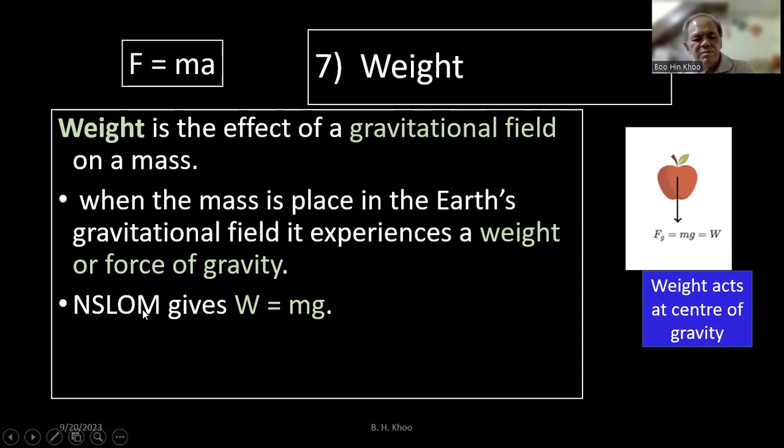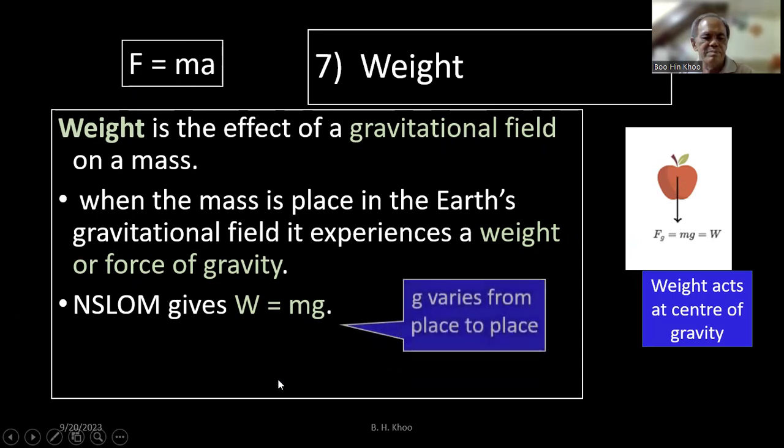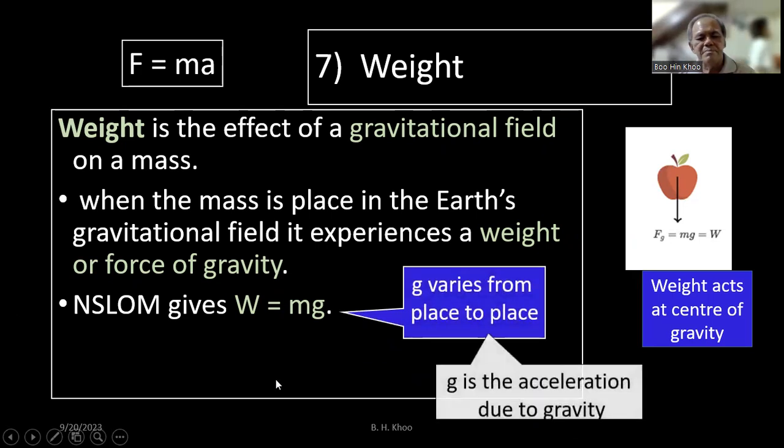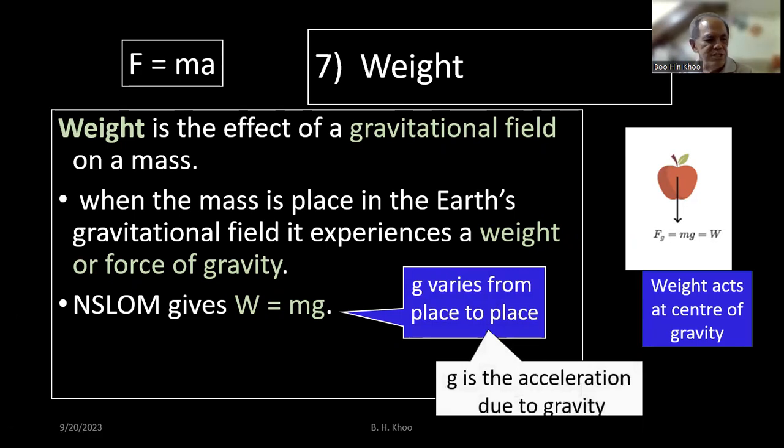Newton's second law of motion gives us, from this formula, a is your g. The resultant force in this case is the weight, W. And g varies from place to place. g is the acceleration due to gravity.